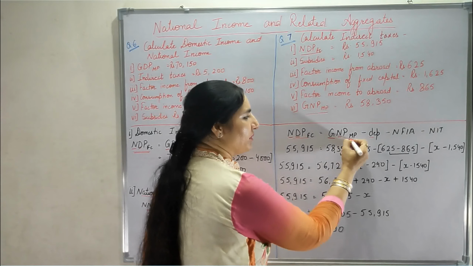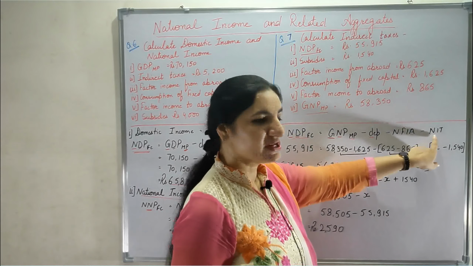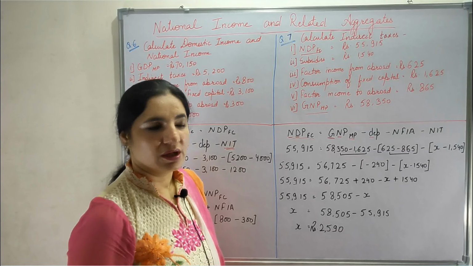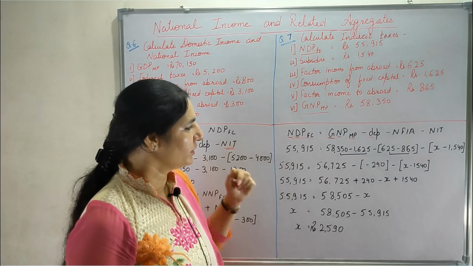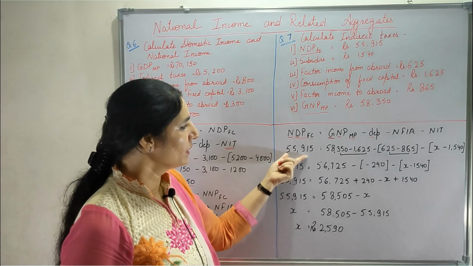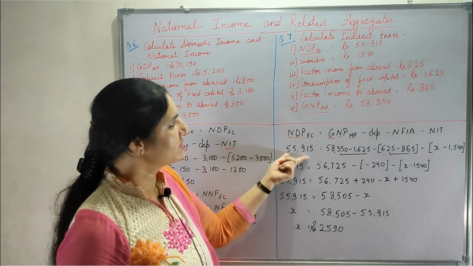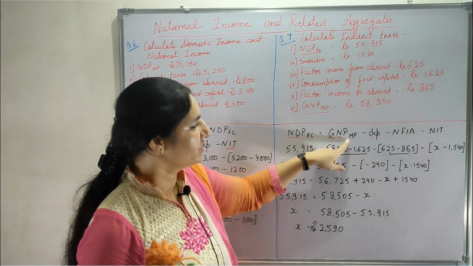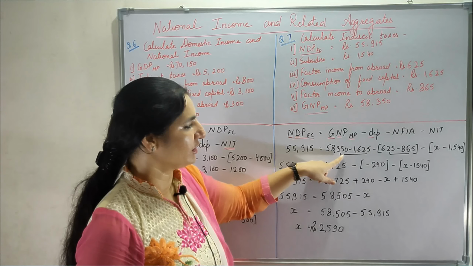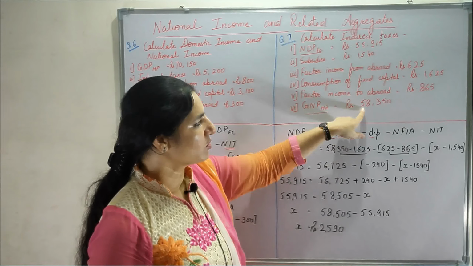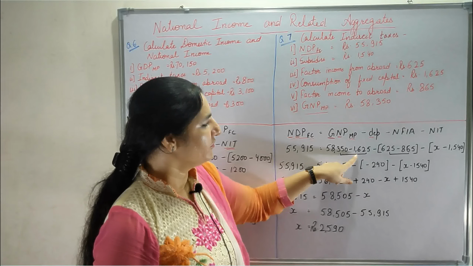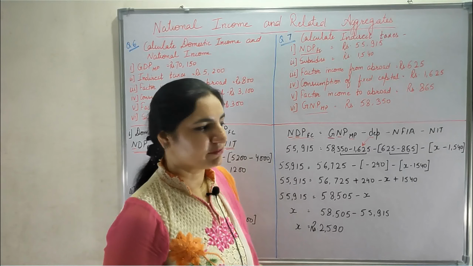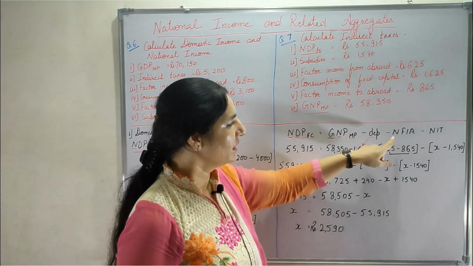Now this is market price. From market price we deduct NIT and we arrive at factor cost. Now the values are to be put here. NDP at FC, the value is given to us, 55,915. GNP at MP, the value is given here, 58,350. We have deducted this depreciation, 1625 rupees.